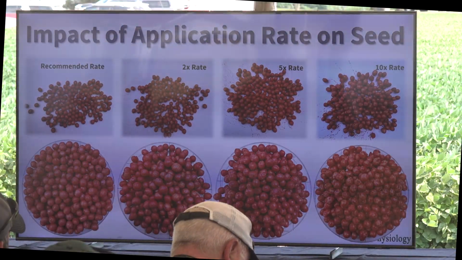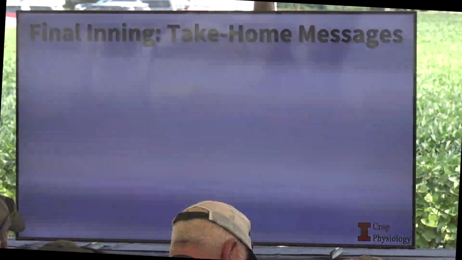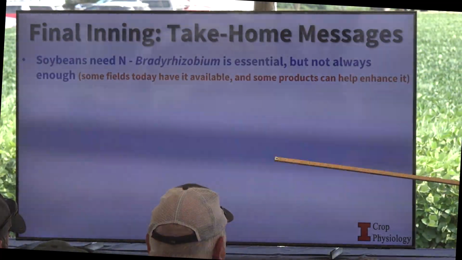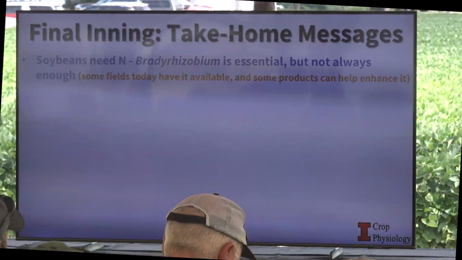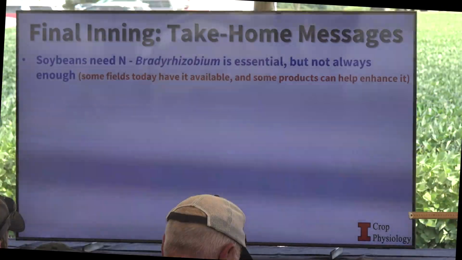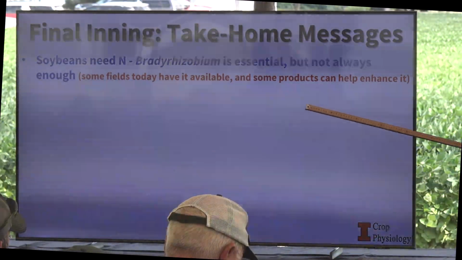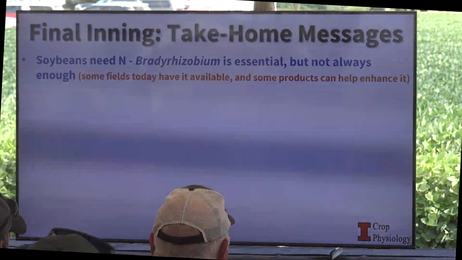So this is something that I'd like to bring to you. And some final take-home messages that I'd like to bring as well: soybeans need nitrogen, and we don't offer that through fertilization, right? And bradyrhizobium is the simplest way, let's say, for the plants to have the demanded nitrogen.